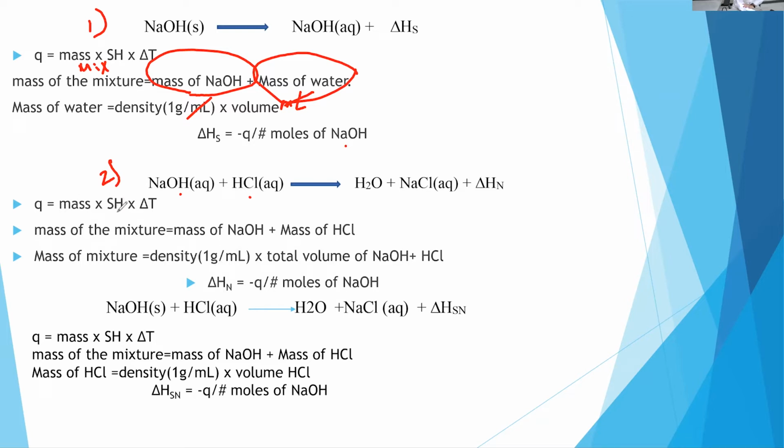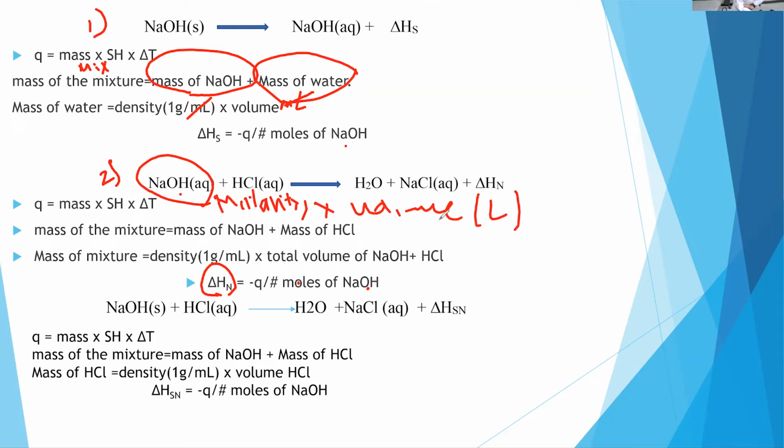Specific heat is assumed to be like water, and the change in temperature is experimentally found. So you find the Q. When you find the Q, to find delta HN, you need the moles of sodium hydroxide. Because it's the aqueous solution, it's going to be molarity times volume in liter.